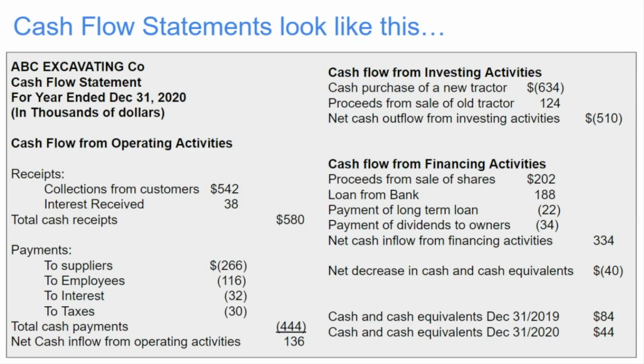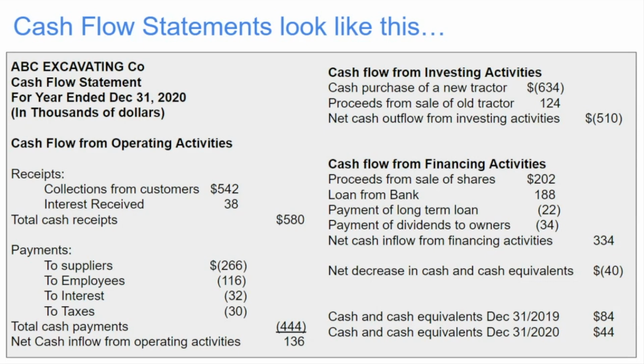The net cash outflow was 510 from investing. So that means 136 minus 510. And the net cash inflow from financing activities was 334. 136 minus 510 plus the 334 comes to minus 40. In other words, we're down $40,000.